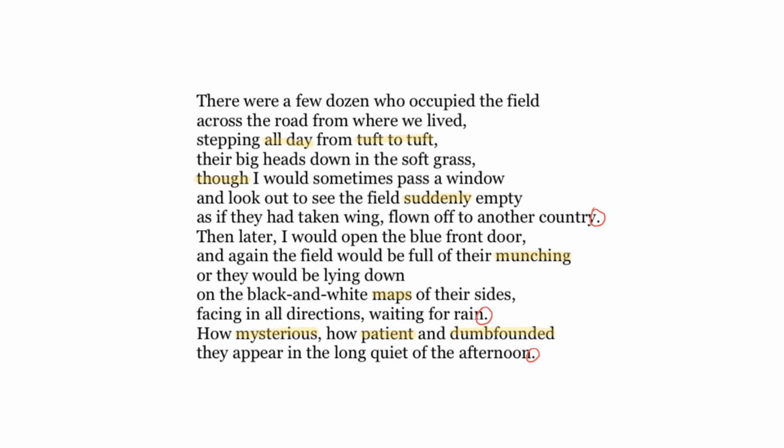Perhaps the sense of mystery that the speaker notices about them as they're waiting for rain, because cows lie down when they sense that rain is coming, is also involved in what the maps might be of. Do the cows have a kind of intuitive or mystical knowledge of nature that the speaker lacks? So for these reasons, they seem mysterious, patient, and dumbfounded.